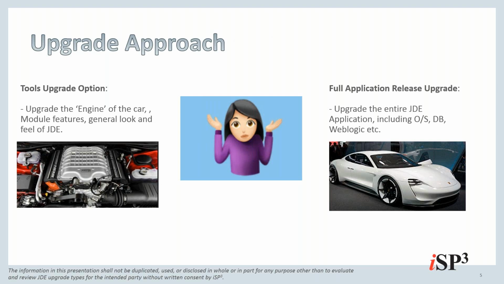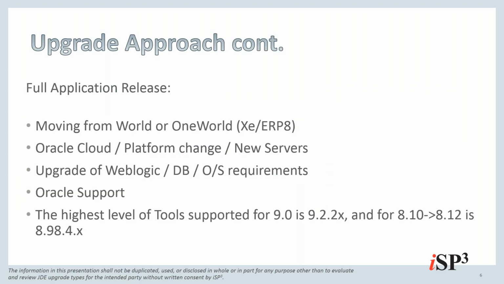So there's many different reasons why a company will decide to upgrade. For a full application release, usually they're coming from World or an old release of One World, and they need to get up to the 9.0 series. You may want to move to the cloud. We had a presentation not that long ago, less than a month ago, on moving to the cloud.